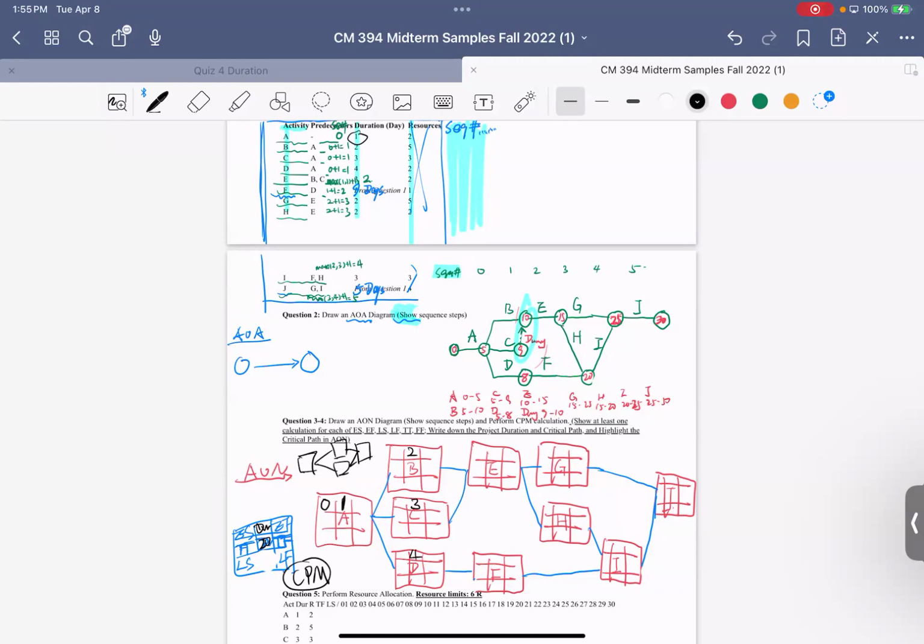Duration for E is 3 days. Duration for F is 9 days. We did the calculation, right? Duration for G is 2. Duration for H is 2. Duration for I is 3. Duration for J is 5.